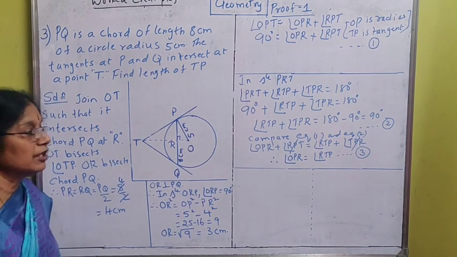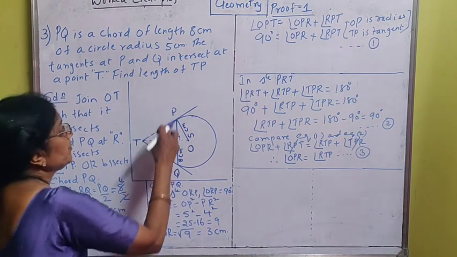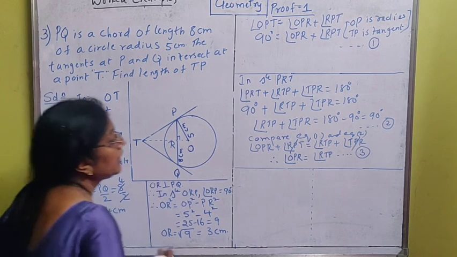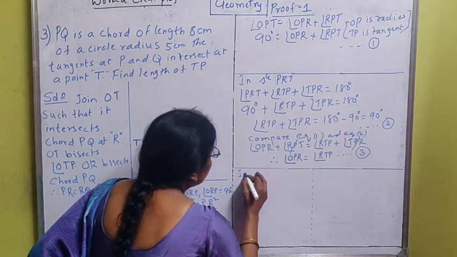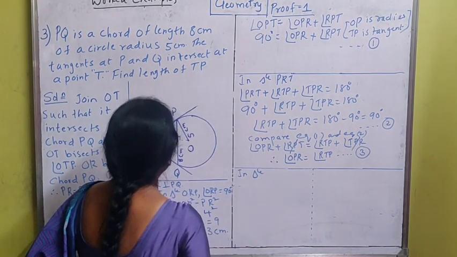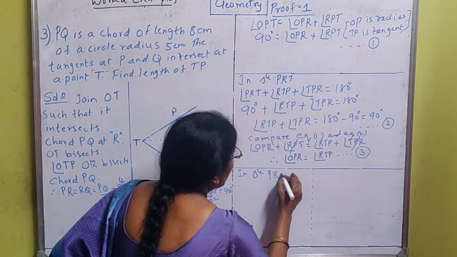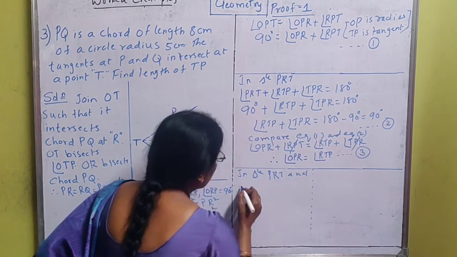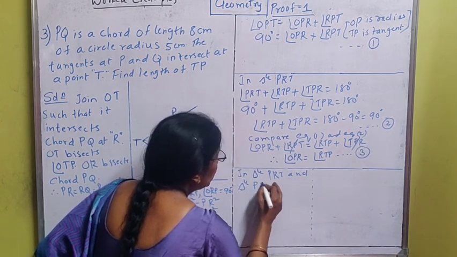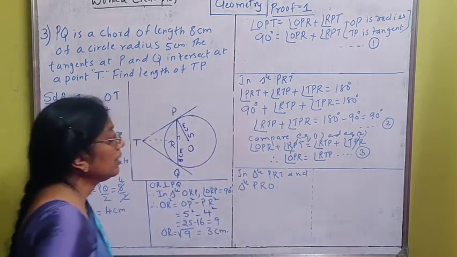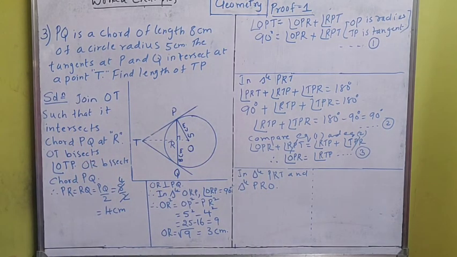Now you will take a similar triangle. Which triangle? Angle PRT and angle PRO. So in triangle PRT and triangle PRO, two angles you are going to have to prove that they are equal.